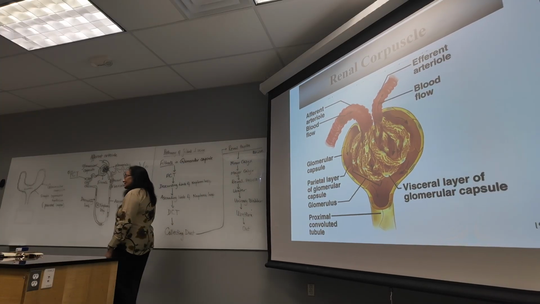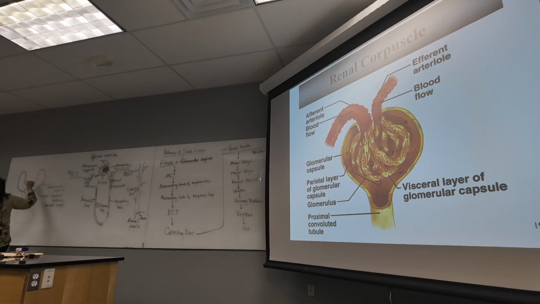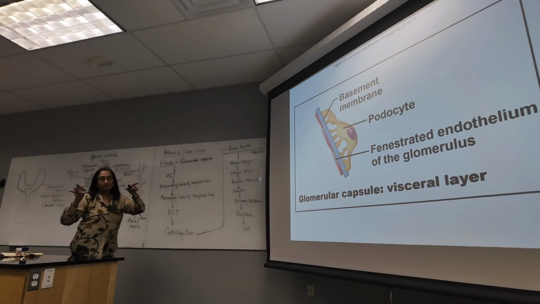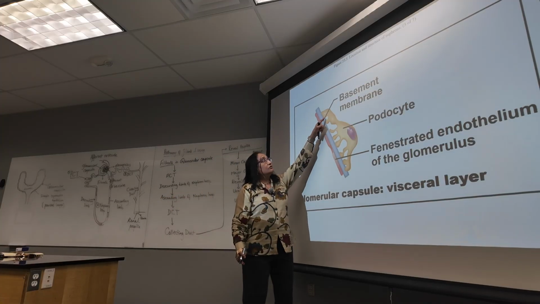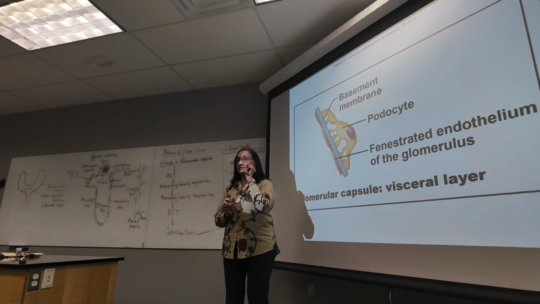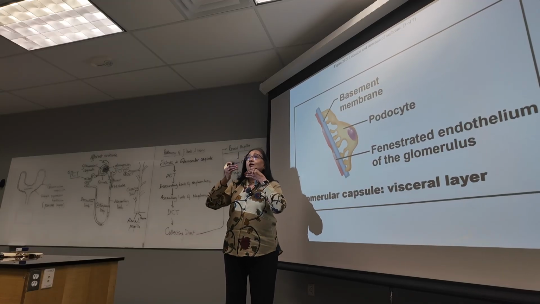Now this inside layer, this inner wall of the cup, is still simple squamous epithelium, but the cells are modified. How are they modified? They have a lot of openings. They have foot processes like these, and there are lots of openings for things to filter out.